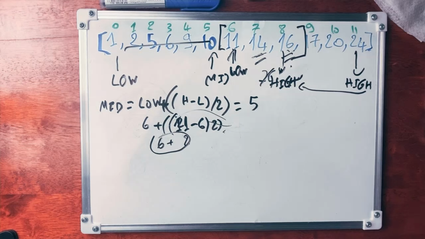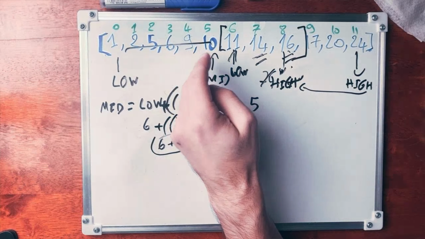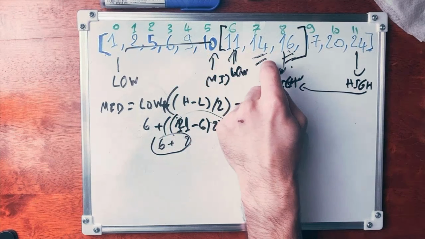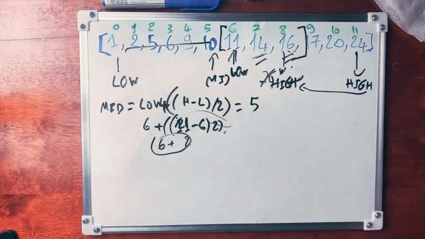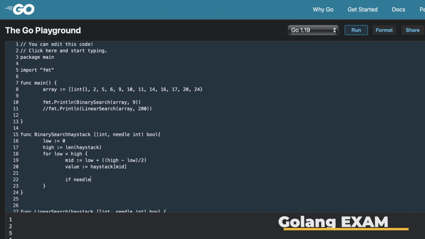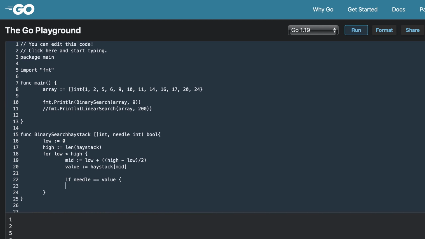So we have 3 possible statements. It can be bigger than what we are looking for. It can be smaller, or it can be it. So let's start with our happy path. If needle equals value, return true.